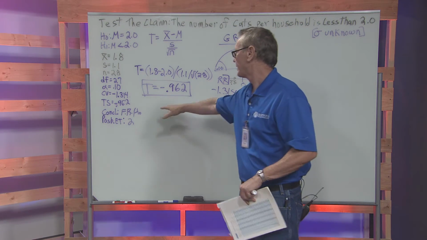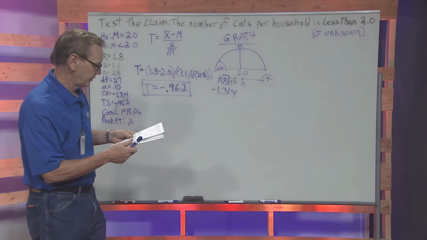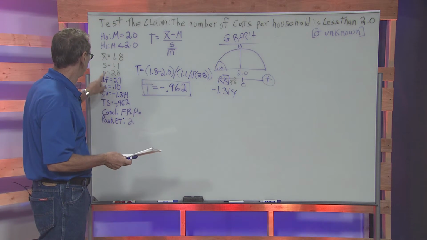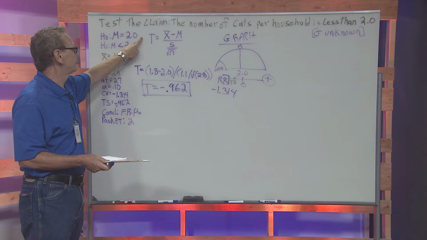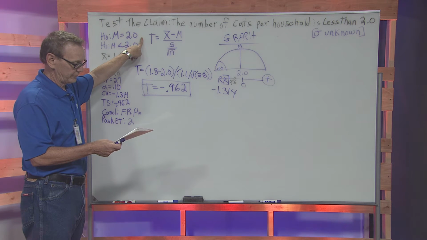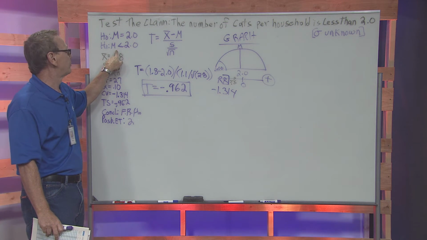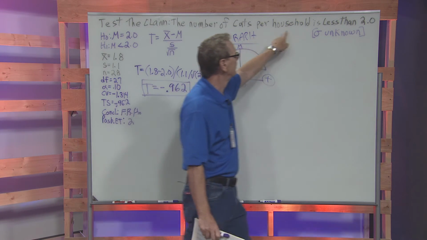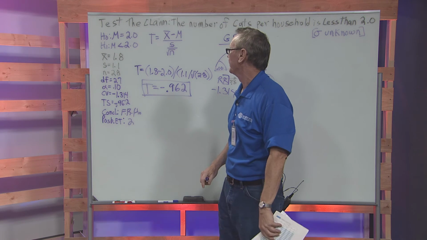So our conclusion is fail to reject the null hypothesis. So we don't reject the null hypothesis, so the data is supporting the null hypothesis. There is not sufficient evidence to support the claim of less than 2.0 cats per household.